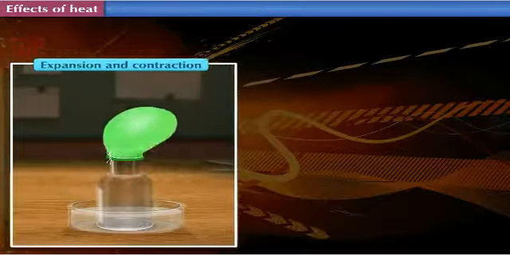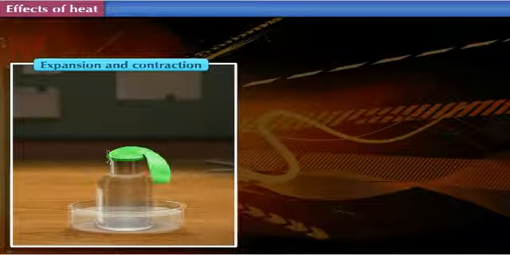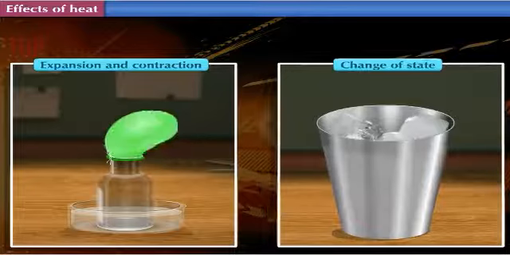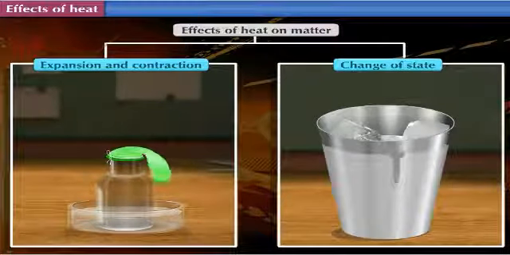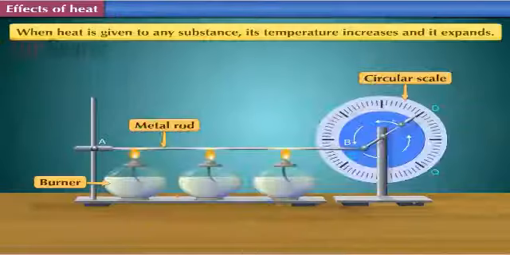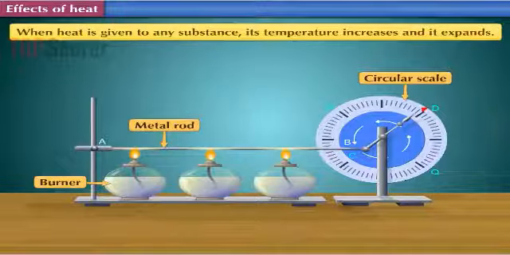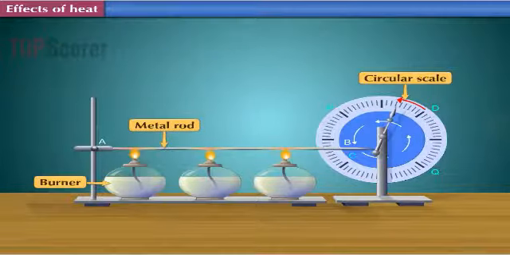Effects of heat. Expansion and contraction and change of state are the two effects of heat on matter that we learnt in the previous standard. When heat is given to any substance, its temperature increases and it expands.